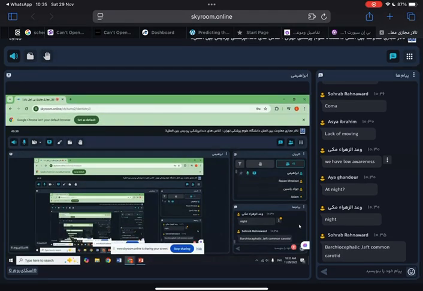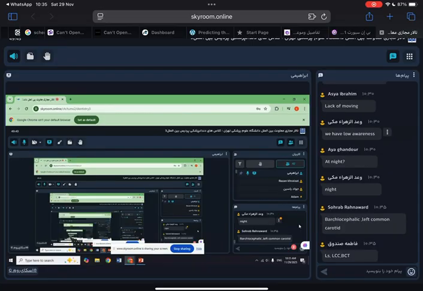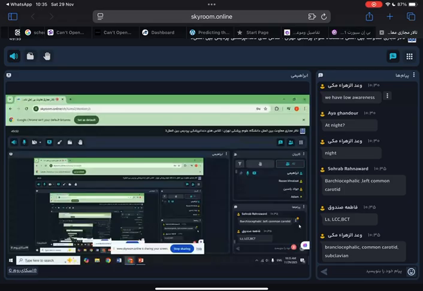That's true, Sohrab. Brachiocephalic trunk on the right side, left common carotid, and also left subclavian. That's true, Fatima. So, as you are seeing the answers of your friends, we have the brachiocephalic on the right side, and the common carotid and subclavian arise from the left side.